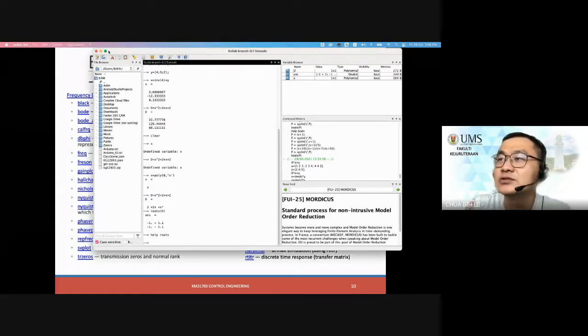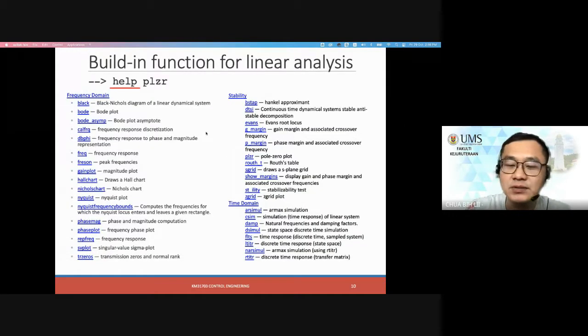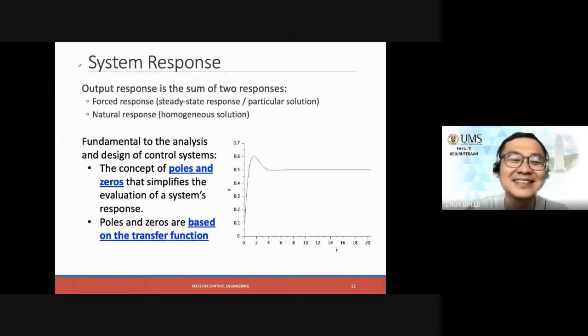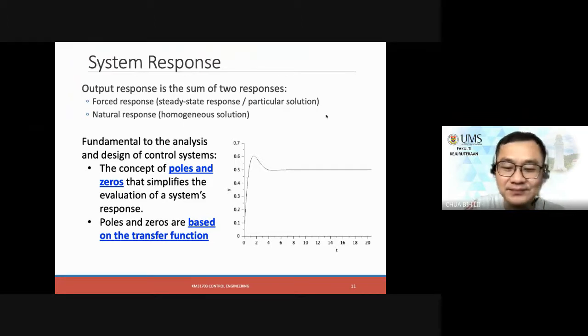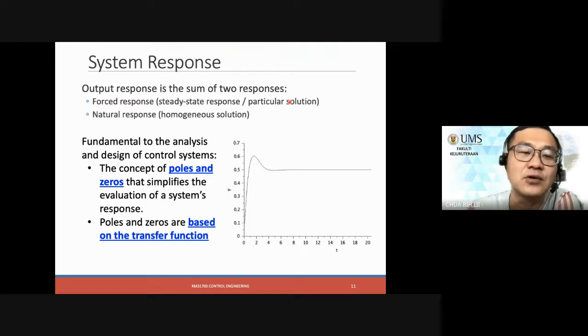Once that is clear, then we would start with our lectures. Our lecture today would be on the time response, right? So with time response, our purpose is to find the output, how it would behave when we have an input coming into our system. We would divide the response into two.